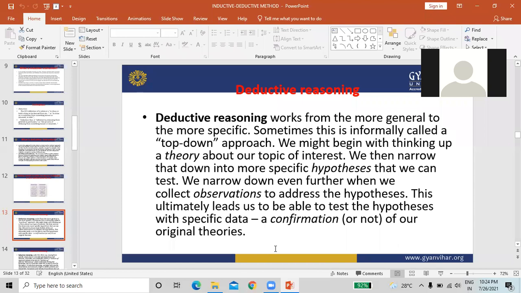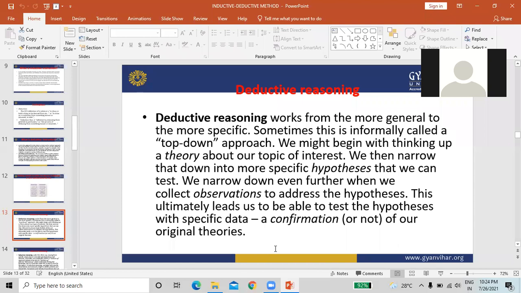Difference between inductive and deductive technique. The most significant difference between these forms of reasoning is that in the deductive case, the truth of the premises guarantees the truth of the conclusion, whereas in the inductive case, the truth of the premises lends support to the conclusion without giving absolute assurance.